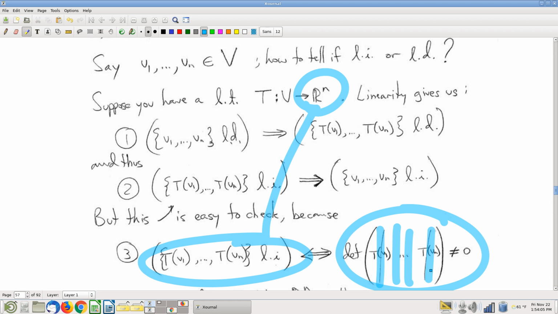Old result from chapter 2. You have n vectors in an n-dimensional space, and there's a whole argument about how that works. But the punchline that we already know is that if this determinant is non-zero, that means that this list is independent.